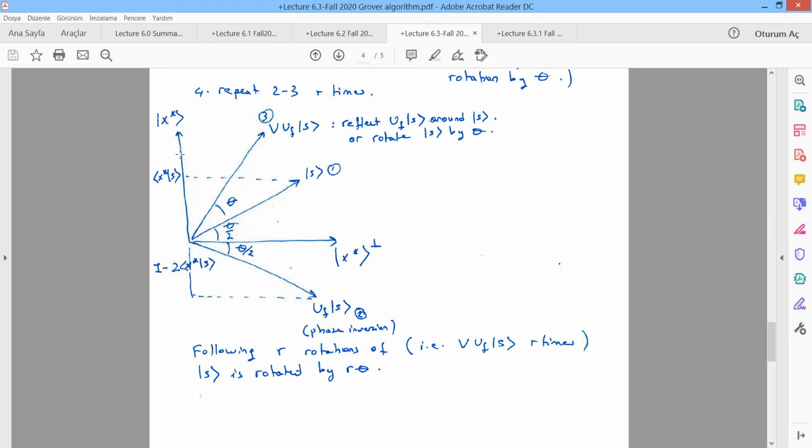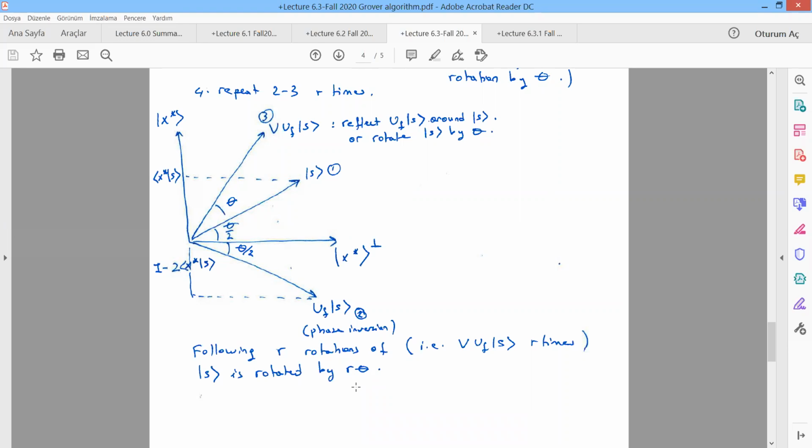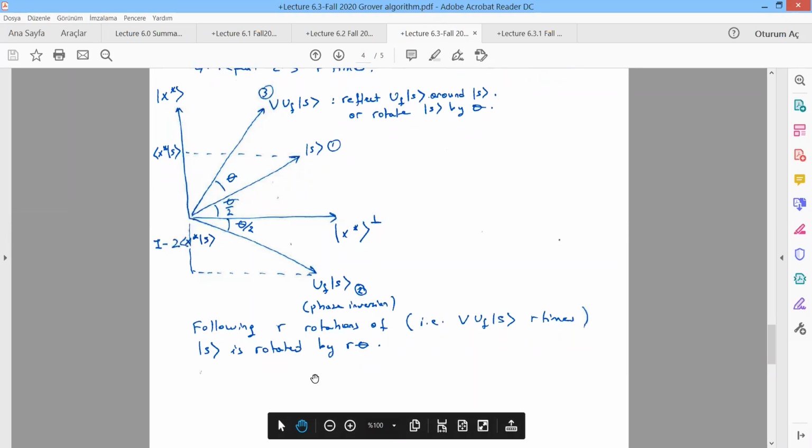So what is an optimal r? Because each time you rotate this ket S vector by an angle theta, if you over-apply, in other words, if the number of iterations is over the required number of iterations, then you basically rotate this vector around. So you miss the optimal state ket x star that you are going after. So what is the optimum number of rotations r?